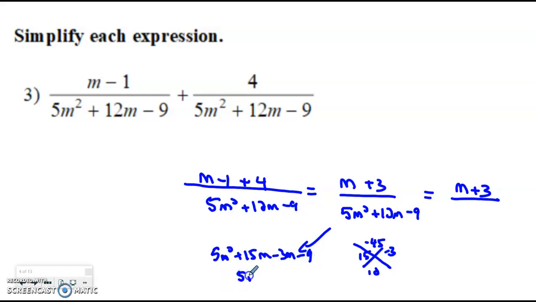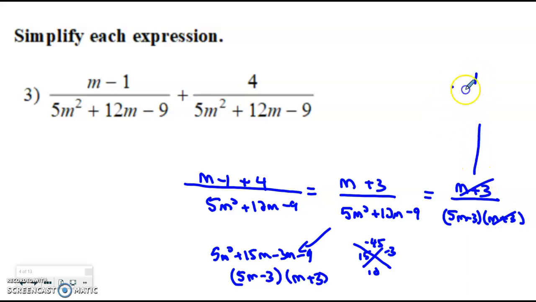So you got 5m minus 3, and then m plus 3 is what it's going to factor out to be. So if I look at it, I got 5m minus 3, and then I got m plus 3. Is there anything that cancels in the top and the bottom? We would say yes. So your final answer would actually just end up being 1 over 5m minus 3, because it could factor out.